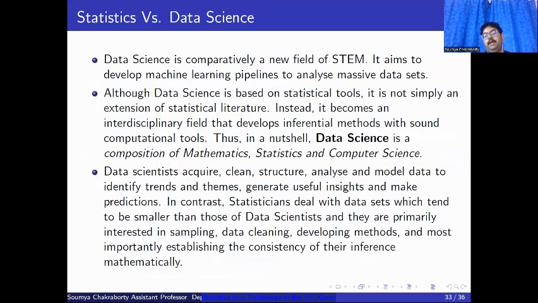Finally, I have reached almost the end of this talk. Nowadays we are familiar with the term data science. So what is data science? What do data scientists do? It's a new field of STEM, that is science, technology, engineering, and mathematics. Although data science is based on statistical and mathematical tools, it is not simply an extension of statistical literature.